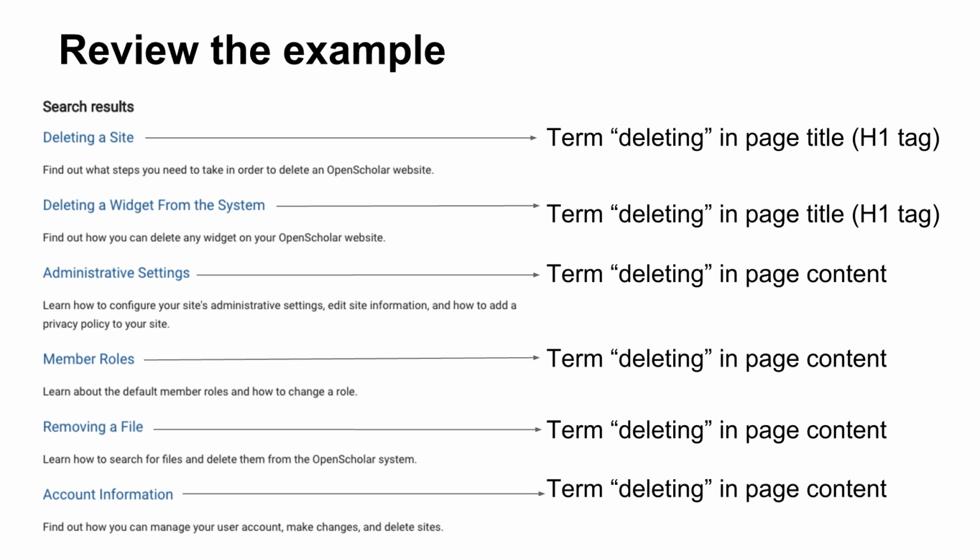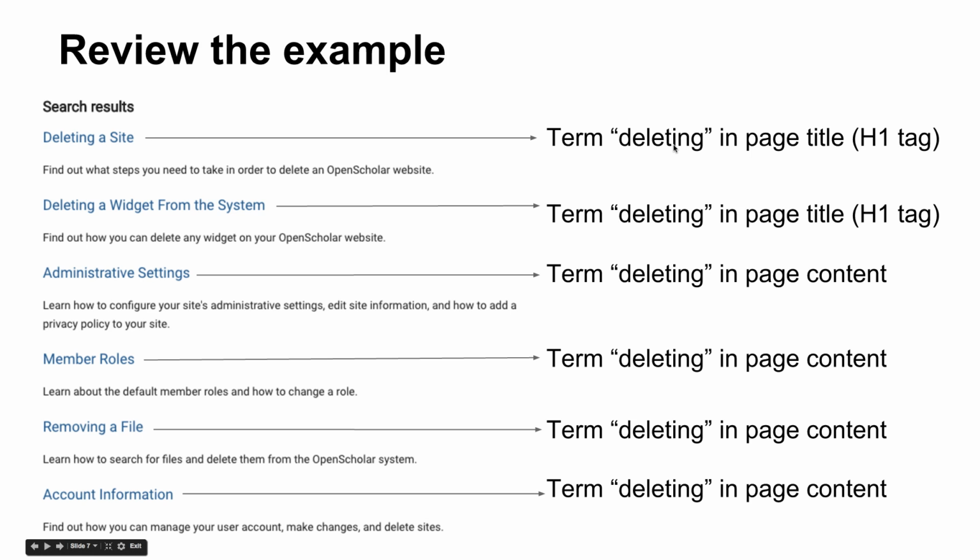So let's review that. So here's the example. In searching the word deleting, you'll see that these were my results in this order, and why. Now, the documentation website is very thorough, it's wonderful, but we don't tend to rely heavily on too many tags and too much taxonomy. But you'll see here that the first search result is bringing up a post called deleting a site.